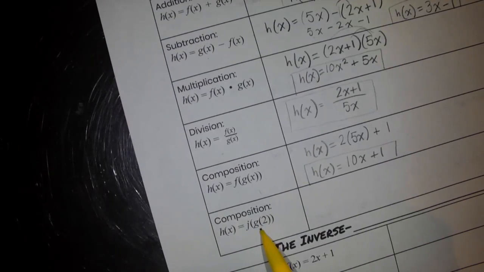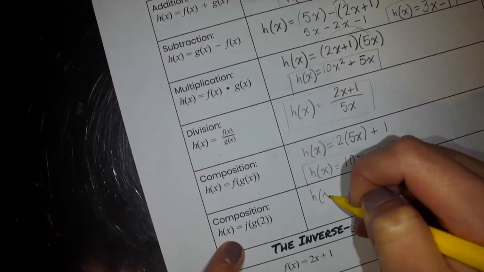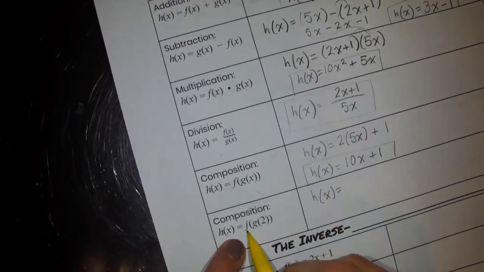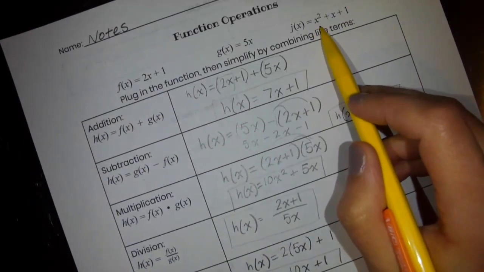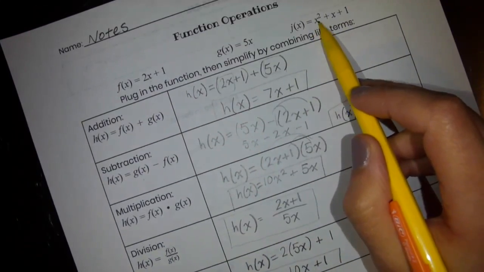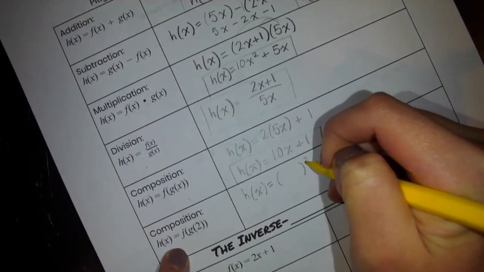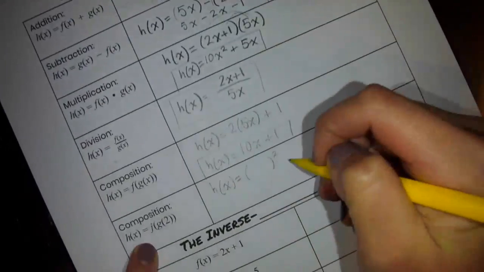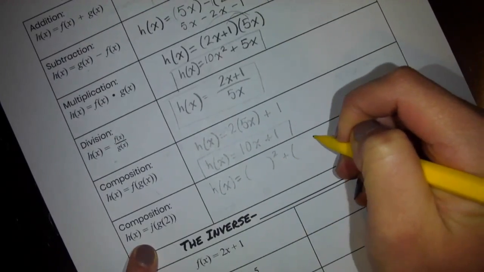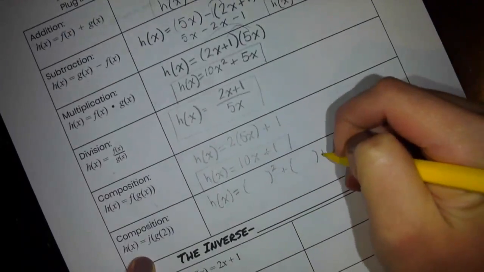Okay, this one's a little bit different. I just start with what's on the outside. For this new function, I have j on the outside. So I look here, this is my function for j. I'm going to leave a blank where I see x. So I have blank squared plus x, plus another blank plus 1.